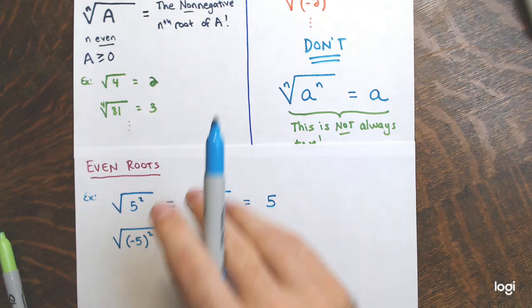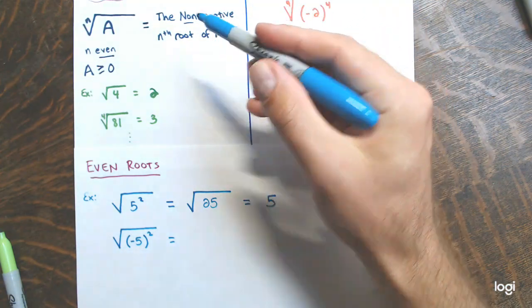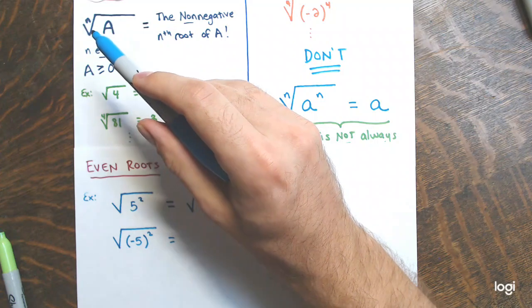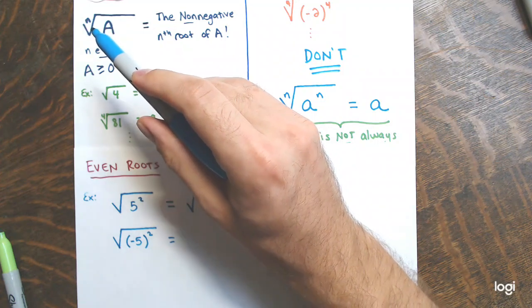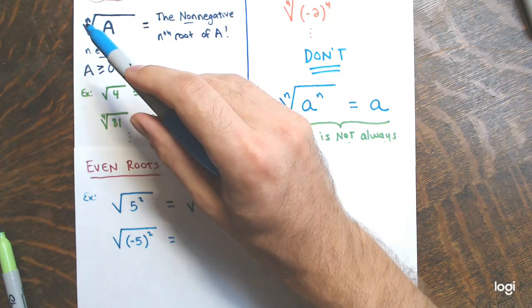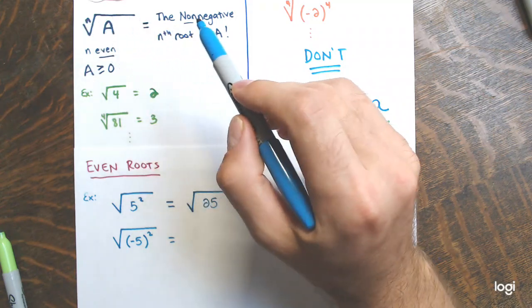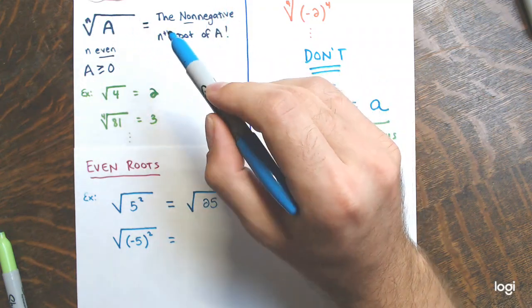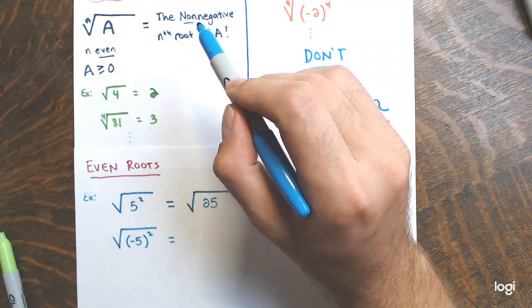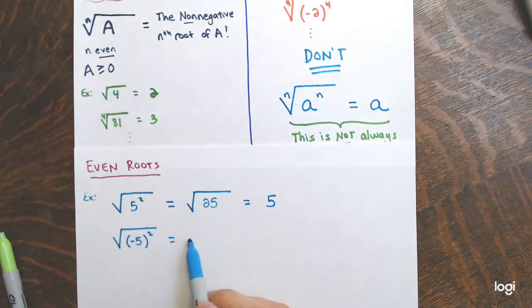But remember what I said up here. When you see this symbol and the index is even, 2, 4, 6, 8, 10, and so on, your resulting number had better be non-negative. So don't write negative 5.